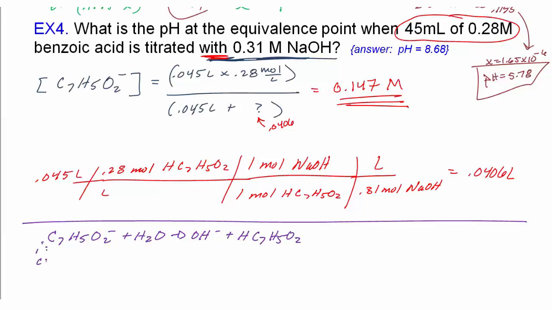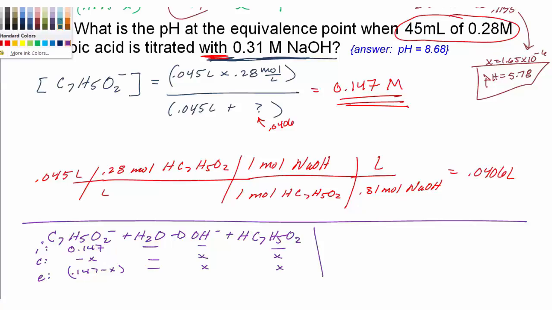ICE. The initial was 0.147. Water never shows up. Nothing there initially for the products. Minus X for reactants, positive X for products. 0.147 minus X, X, and X.